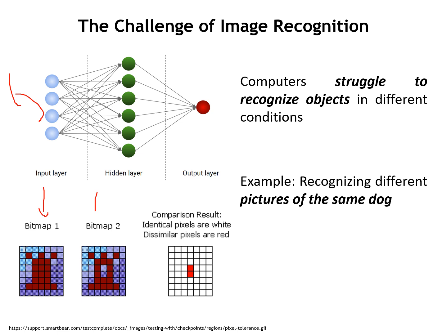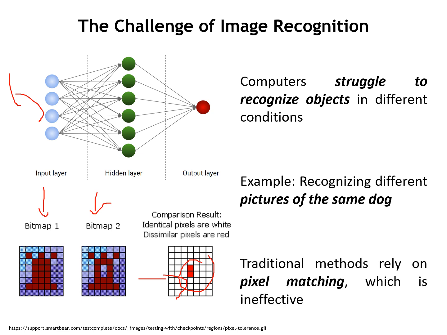Computers were excellent at comparing, for example, this bitmap with the other bitmap, and they were able to recognize that they were dissimilar and tell you these were the pixels where the difference is, but this is not image recognition. This was an ineffective method. Traditional methods that relied on pixel matching were very good for comparison but ineffective for image recognition. This was changed by a professor who ran a very interesting competition that helped to develop this field.